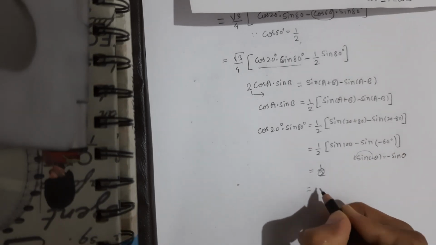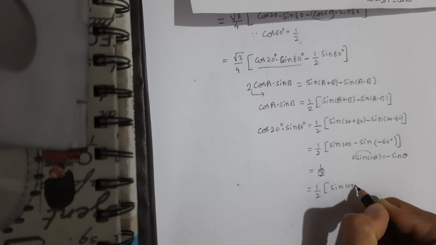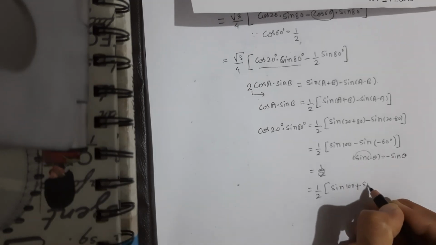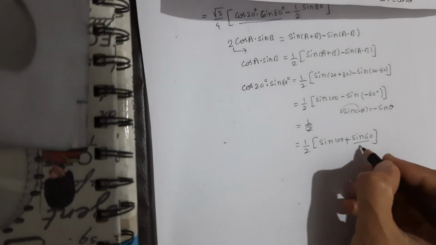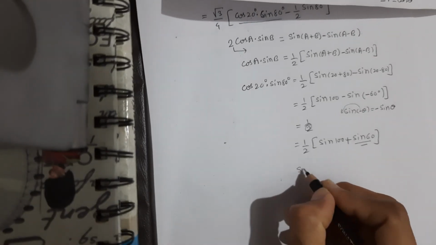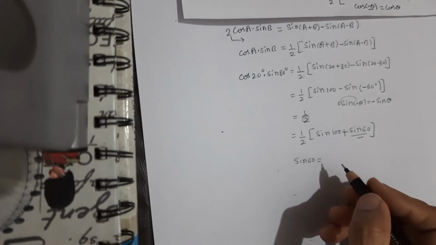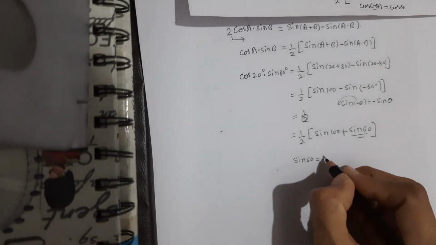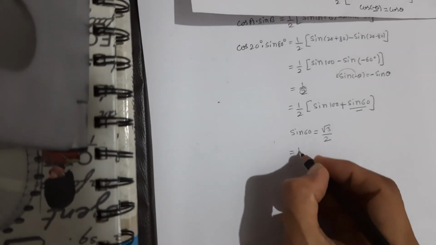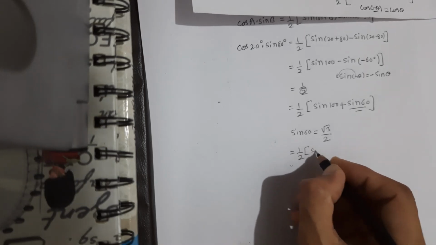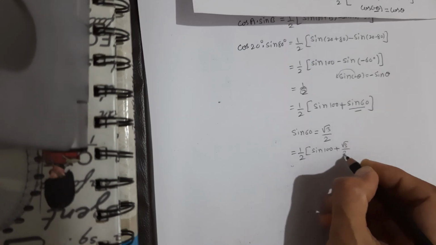So I'll get here 1 by 2 into sin 100 minus minus becomes plus sin 60, and from the table I know the value of sin 60. What is the value of sin 60? Sin 60 is root 3 by 2. So I get the value as 1 by 2 into sin 100 plus root 3 by 2.